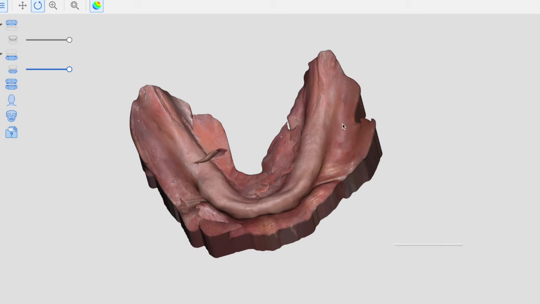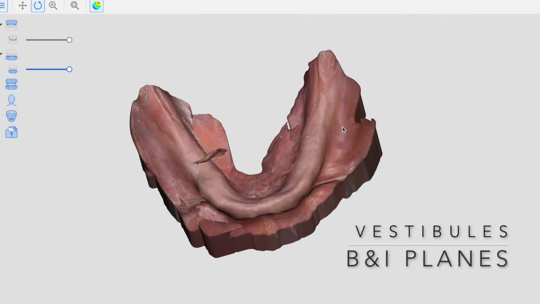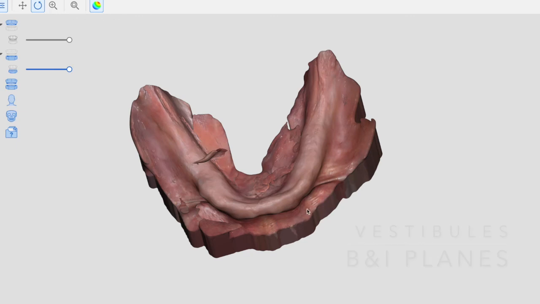The next plane is the buccal vestibule, labial or incisor vestibule, or B plane, I plane. So that's including the buccal vestibule and labial vestibule.